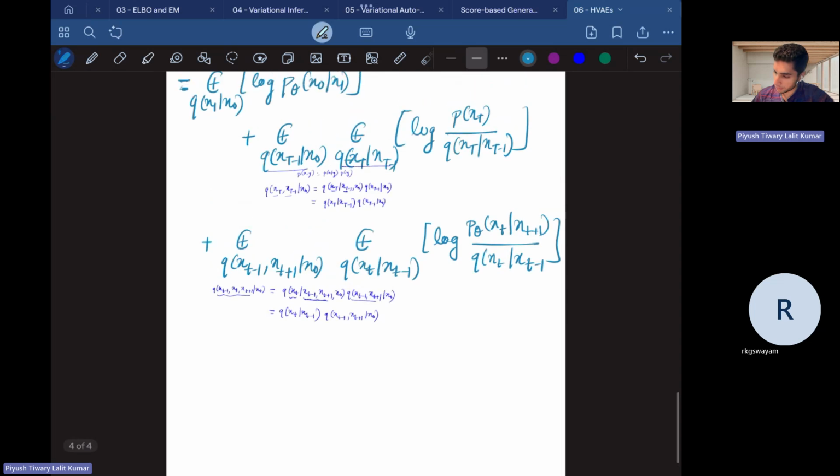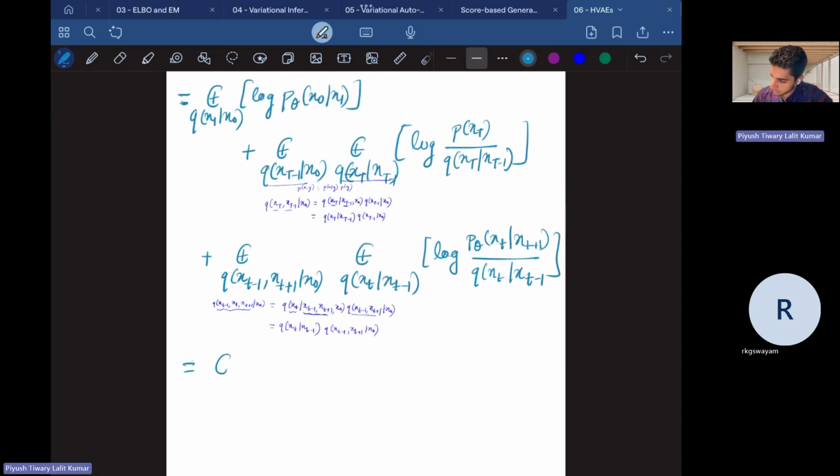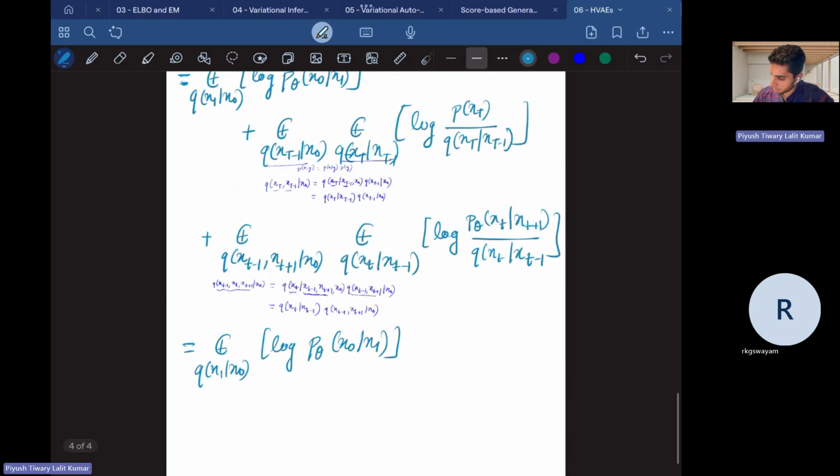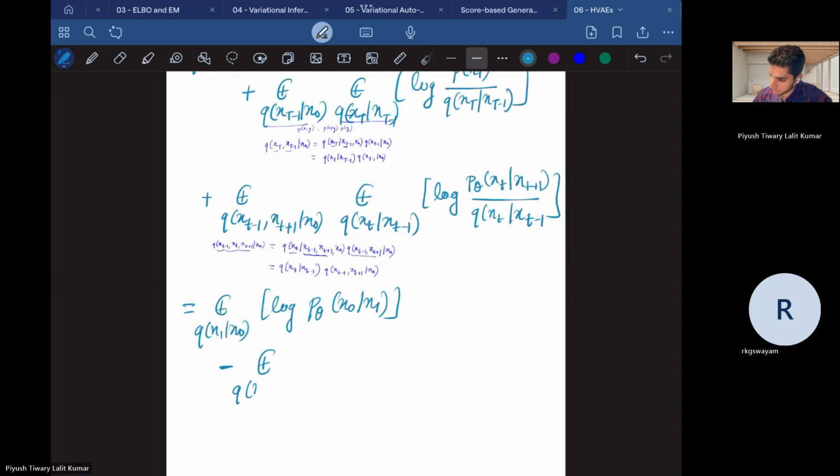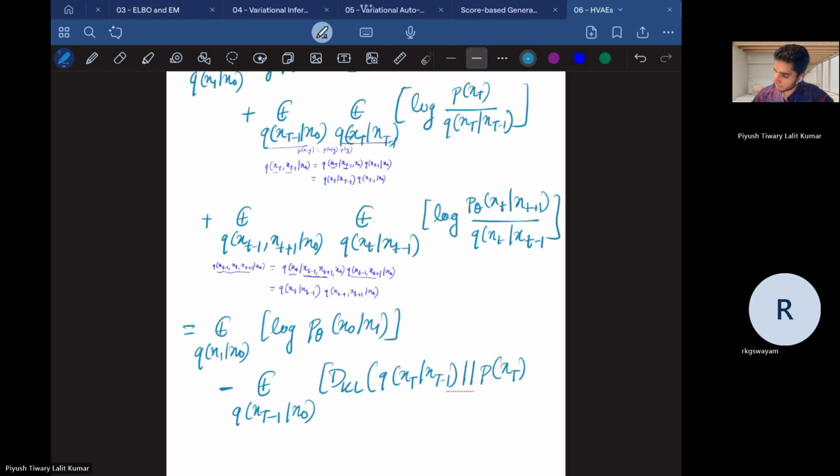Maybe I'll write it down so that it becomes clear. The first term is unchanged: q of x_1 given x_0, log of p theta of x_0 given x_1, minus, because I am changing the order inside the log, expectation, there's always an expectation, under q of x_{t-1} given x_0 of whatever is inside, which will become the KL divergence between q of x_t given x_{t-1} and p of x_t, right?